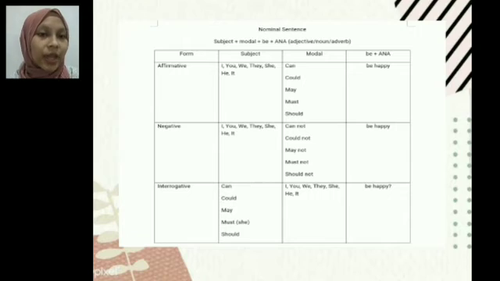The example is be happy. The form negative, the subject is I, you, we, they, she, he, it, and we use modal cannot, could not, might not, must not, should not, and we can add be plus adjective. The example is be happy.